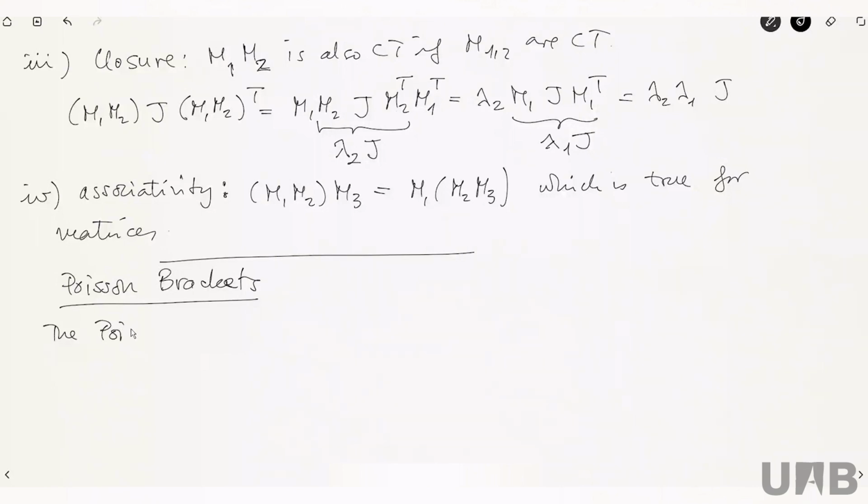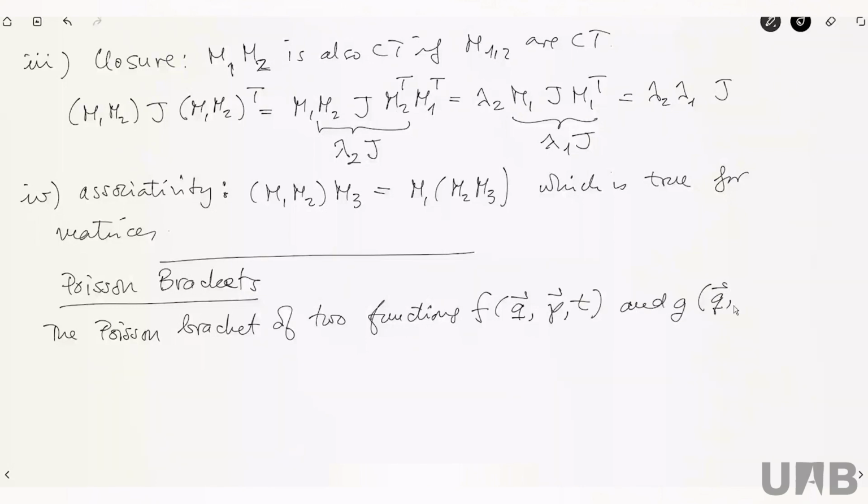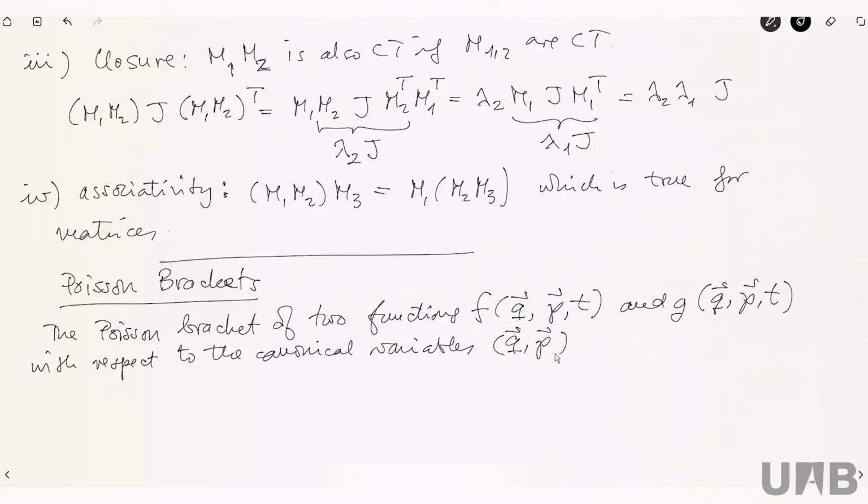So the Poisson bracket of two functions, one is going to be f of a bunch of q's, a bunch of p's, and time, and the other one is going to be another function of the same q's and p's and time, with respect to the canonical variables Q and P. So the Poisson bracket is always, you know, with respect to some variables, okay, is defined as follows.